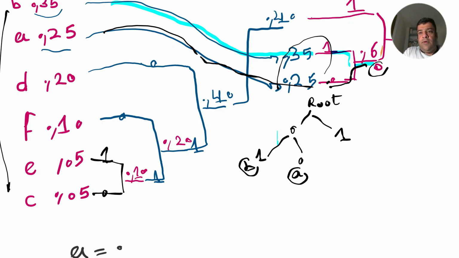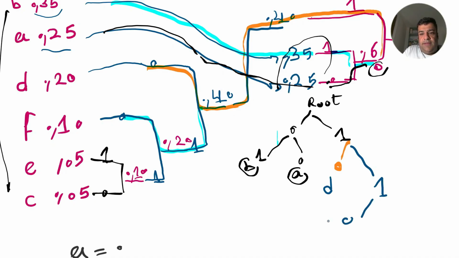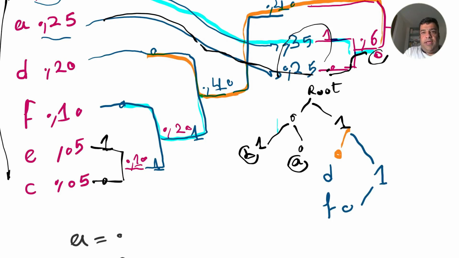You consider that we came with this branch. 1, 0 is D. But another branch, 1, right now we came to this branch. Right now, 1 also 0, we add the 0 and the name is F. But we also have another branch.